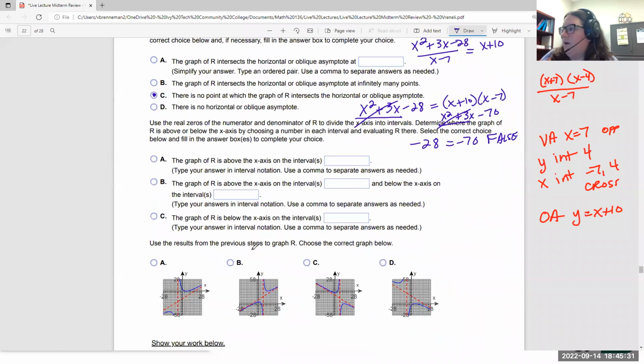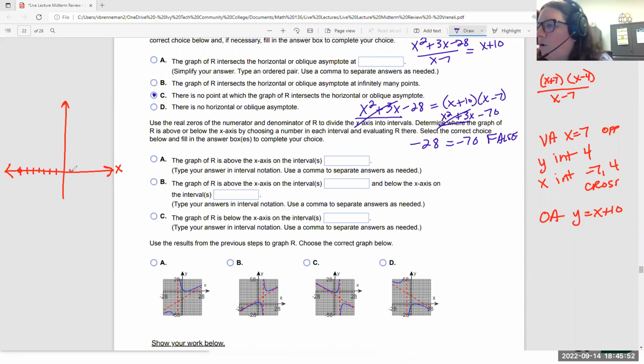And that brings us to the above and below the x-axis. So I'm dividing the x-axis at the x-intercepts, which were negative 7 and 4, and at the vertical asymptote, which was positive 7.